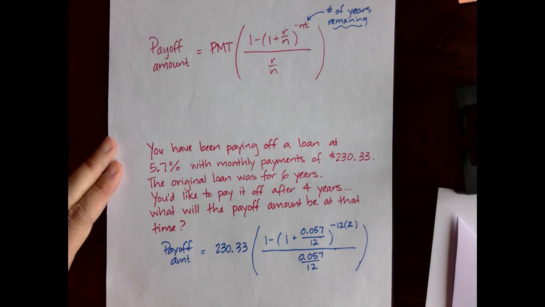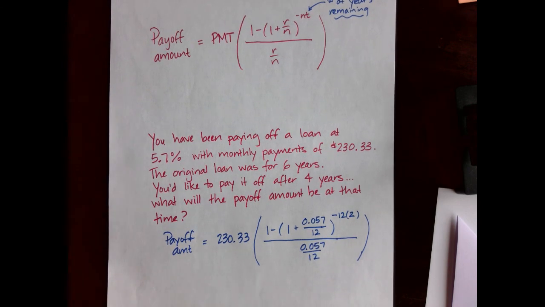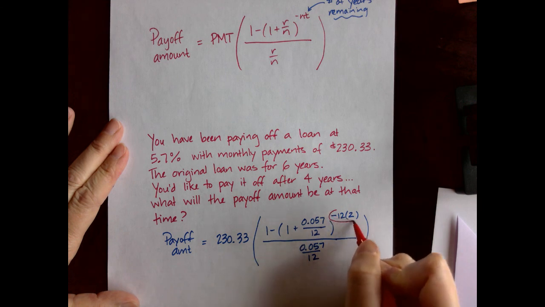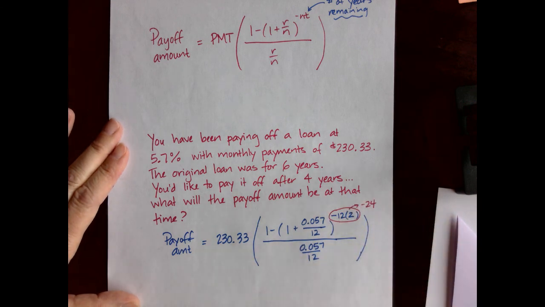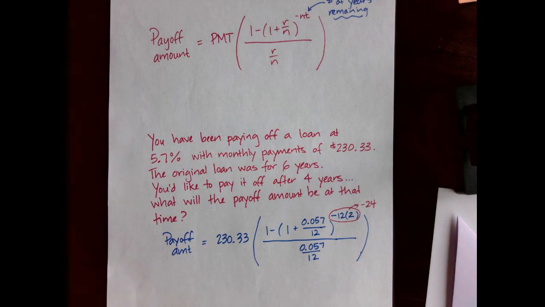Then we need to do the computation for this on the calculator. This can be a little bit sticky. To make this happen, I recommend that you figure out this exponent first. Negative 12 times 2 will be negative 24. And then we can do this in pieces.